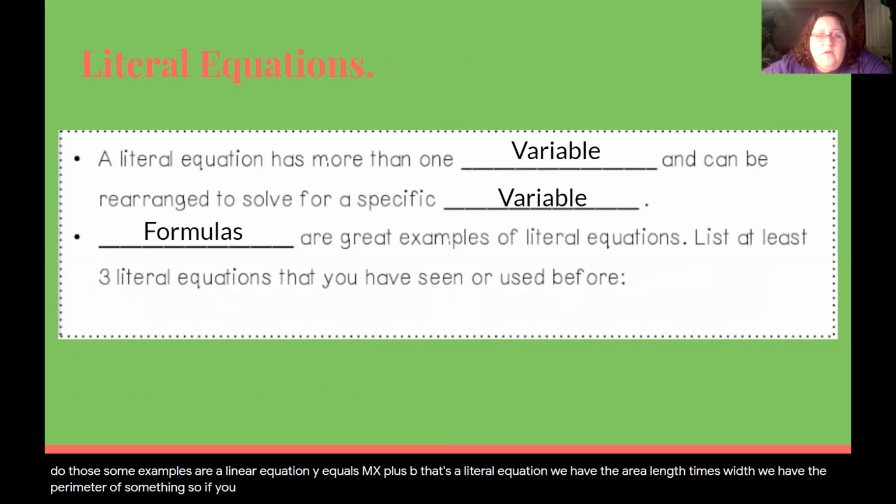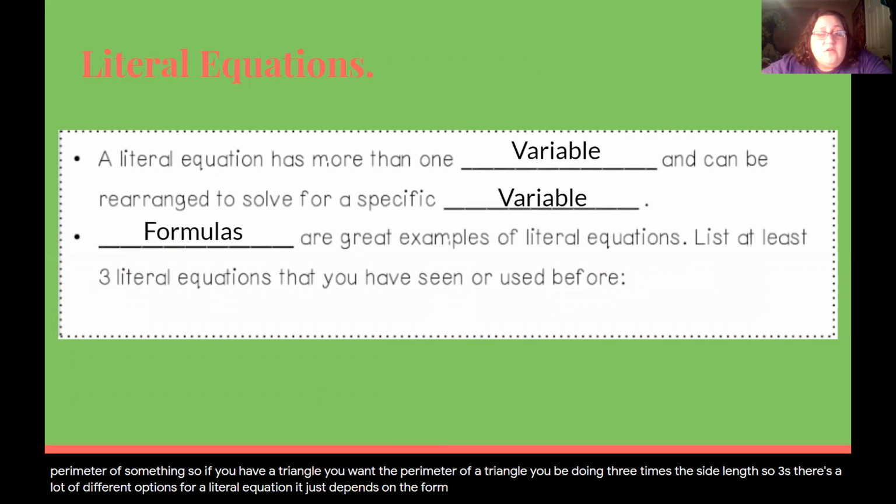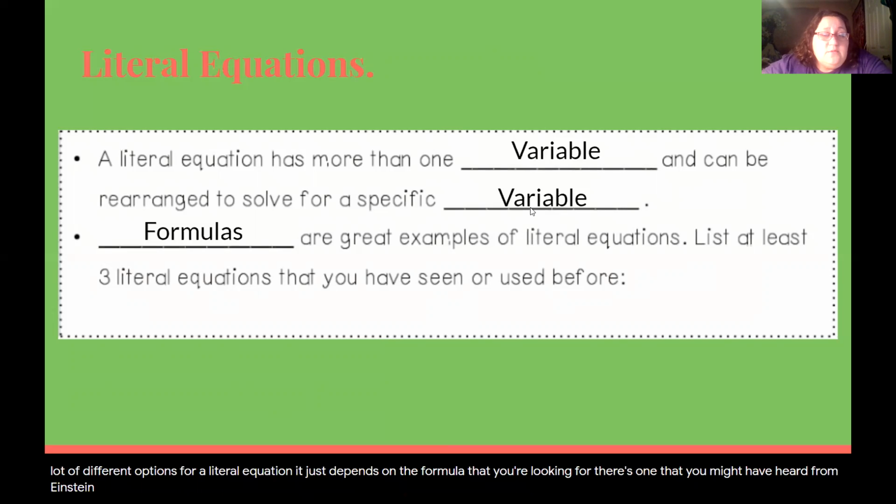If you have a triangle and you want the perimeter, you'd be doing 3 times the side length, so 3s. There's a lot of different options for a literal equation. It just depends on the formula that you're looking for. There's one that you might have heard from Einstein, E equals mc squared. That is a literal equation, and you're going to have to isolate something in order to solve.